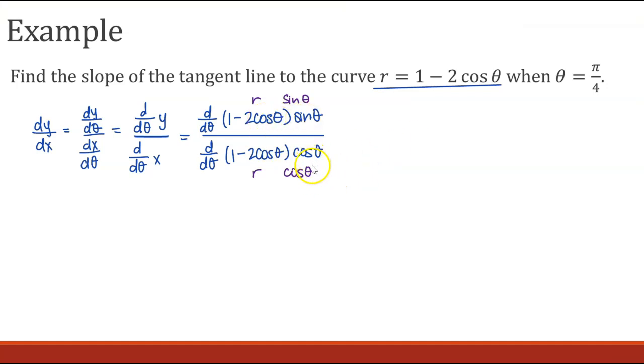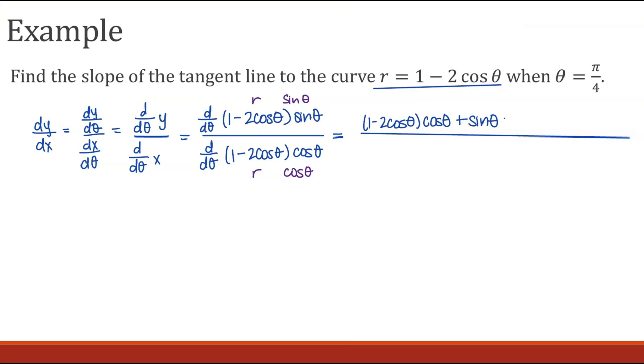So it's going to result in a product rule. I have to do two product rules. I'm going to put a big fraction bar over here. We have the first function, 1 minus 2 cosine theta, times the derivative of the second, cosine theta, plus the second function, sine theta, times the derivative of the first.